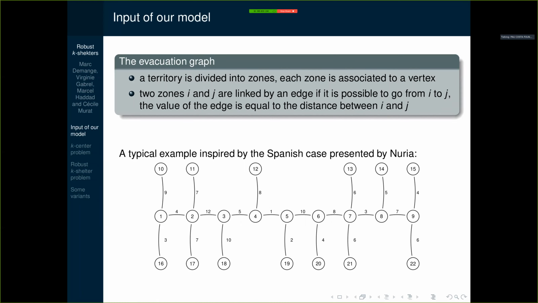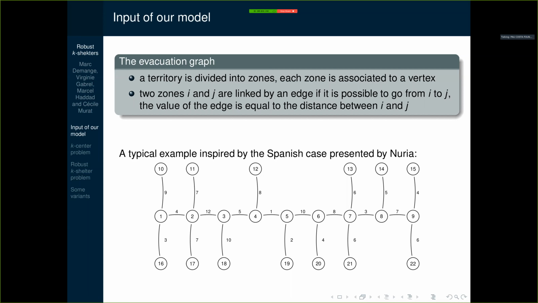the evacuation graph describes a territory which is divided into zones, and each zone is associated to a vertex. We have an edge between two vertices if it is possible to go from vertex i to j. And the value corresponds to the distance between the two vertices.